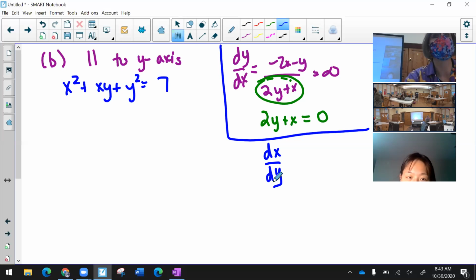There's no reason why I can't do that. This isn't an experiment where one thing is definitely the independent variable and one thing is definitely the dependent variable that I'm measuring. These are just points. So I can decide in my head that x is my dependent variable and y is my independent. And this is still a slope, it's just a slope defined differently. What would the slope be of a vertical line?